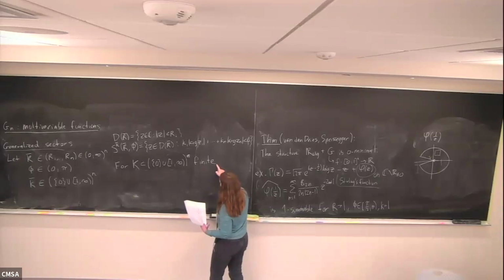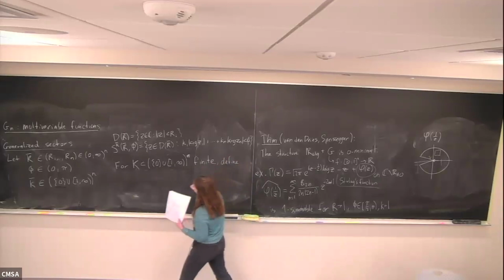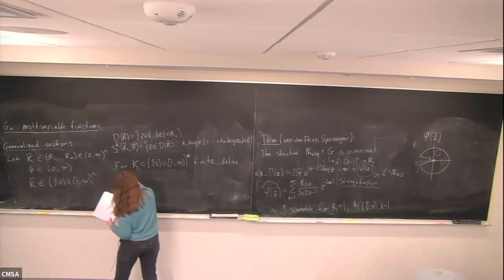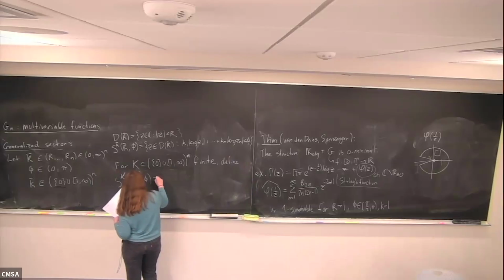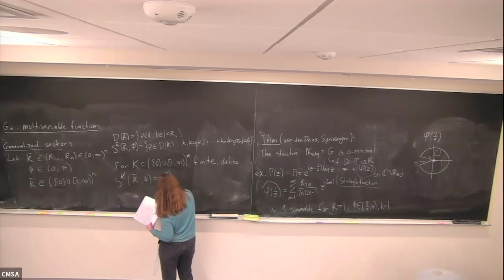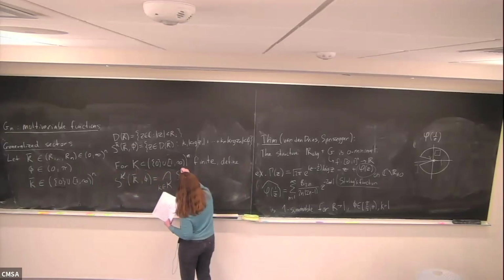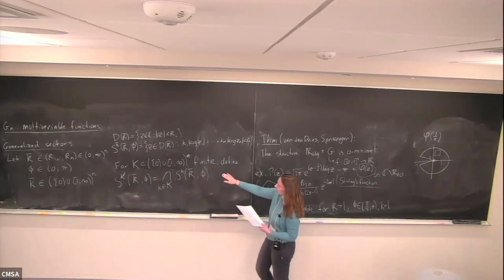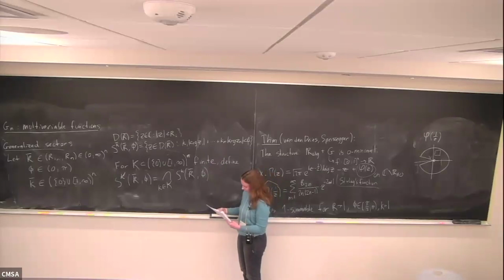So for a finite subset, the sector associated with this capital K is just the intersection of the sectors for the little k's. Okay, and this is the analog of having these finitely many k's from before.